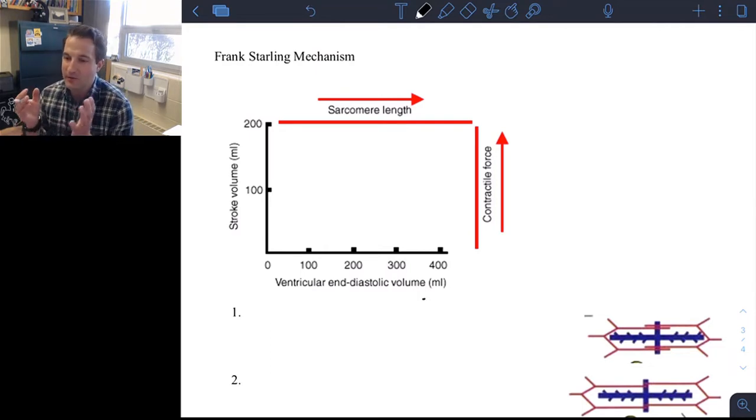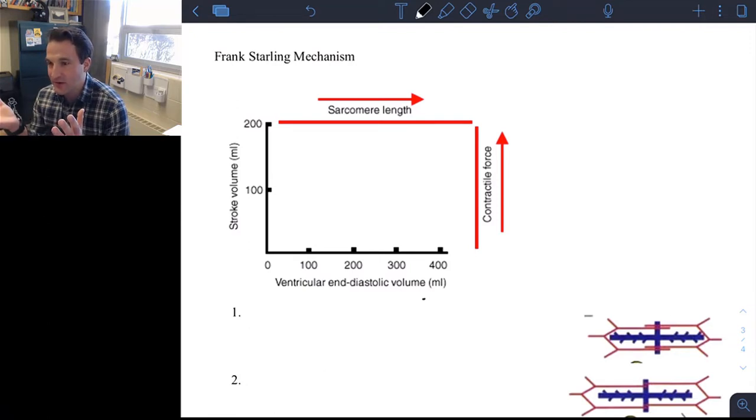And if we kind of define that, okay, ventricles, we're talking about the ventricle of the heart. We're talking about the end of diastole. End of diastole, if you think about our blood pressure, we have our diastolic and our systolic, right? Our systolic and our diastolic. So that end diastolic volume is going to be at the end of relaxation, all right?